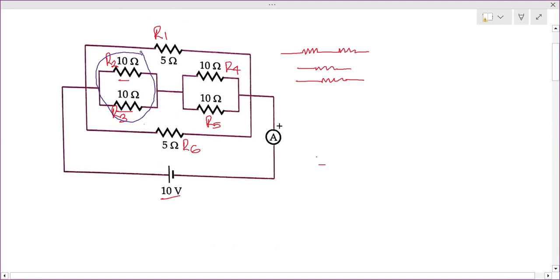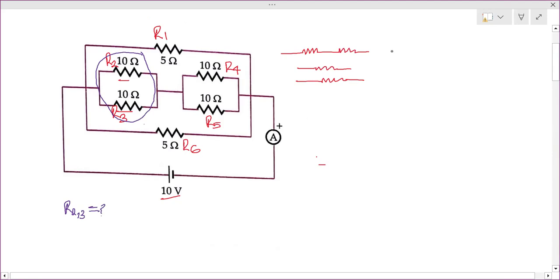So what do we do? We find the total resistance offered by these two. So we can call that R2,3. So that's what we're going to find here. So when resistors are in parallel, what is the formula?